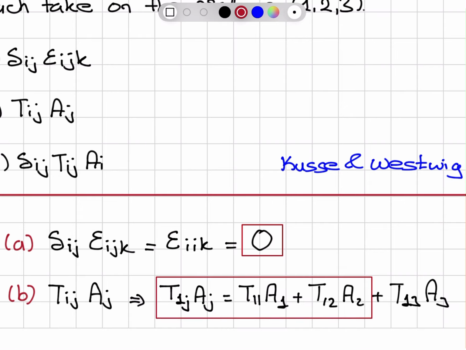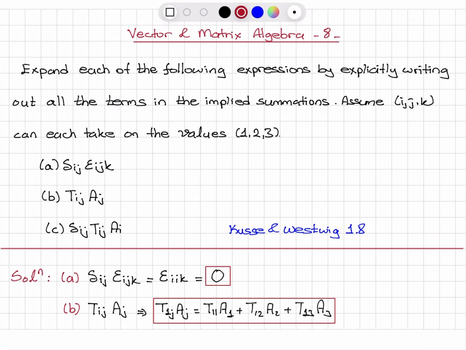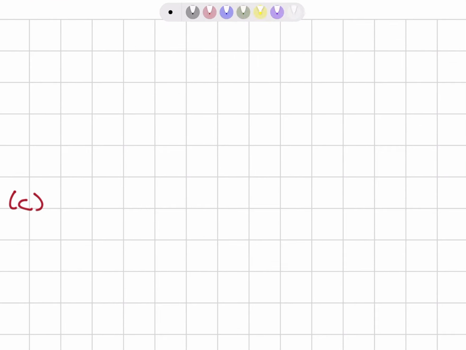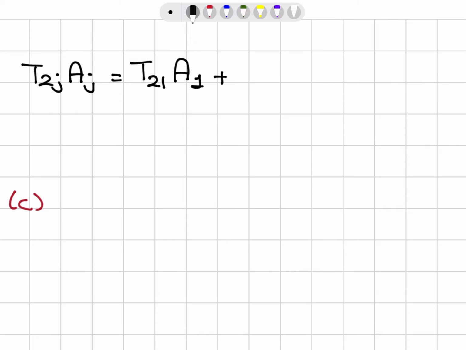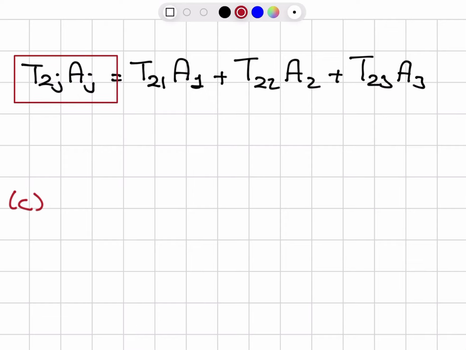That's the first possibility. Next, we can have i equal to 2, which means T2j Aj, and that also implies summation over j. So it is T21 A1, j equal to 1, plus T22 A2 when j is equal to 2, plus T23 A3 when j is equal to 3.